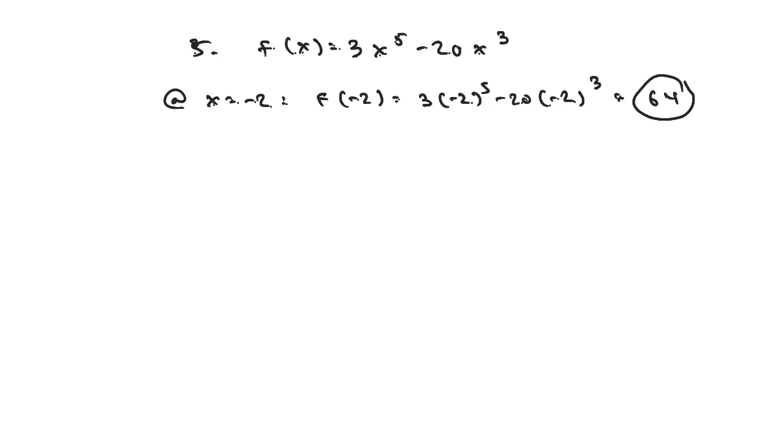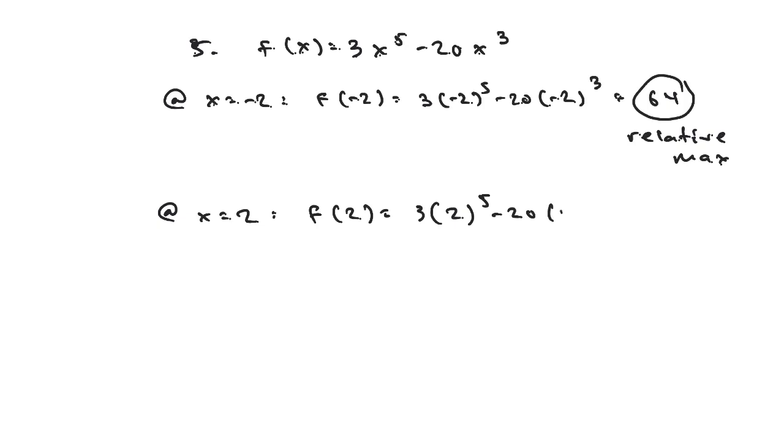This is a relative max. Then at x equals 2, f of 2 is 3 times 2 to the 5th minus 20 times 2 cubed, which, if you plug it into your calculator, gives you negative 64. So this is a relative min.